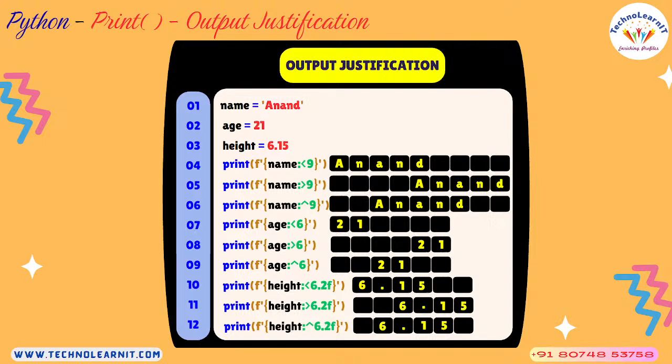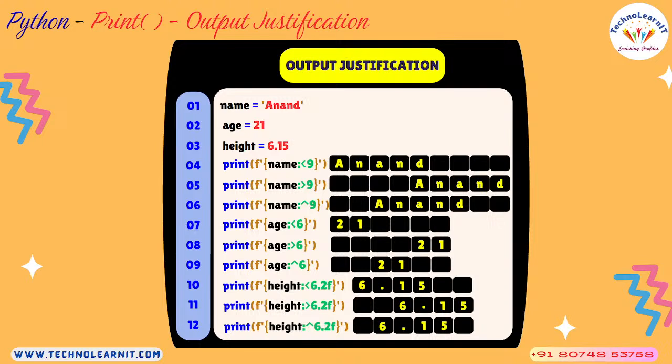So again, you assume that you have the same three variables: name, age, and height. Using formatted output, you can also justify the output. What do you mean by output justification? So when you are printing the name, which is a string, okay, first of all, understand the meaning of statement number 4.